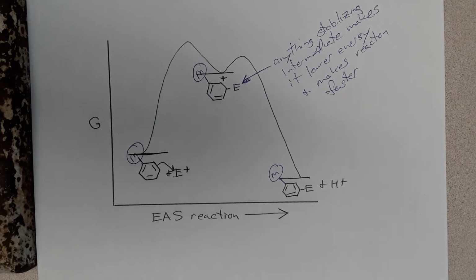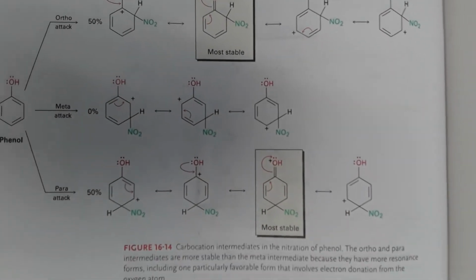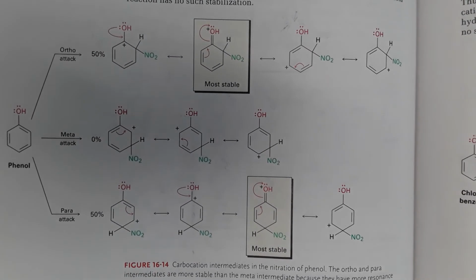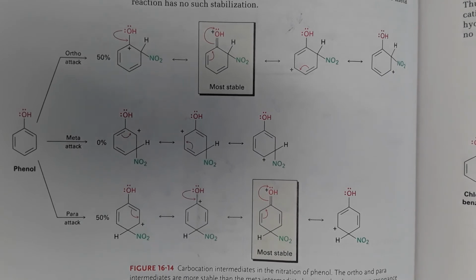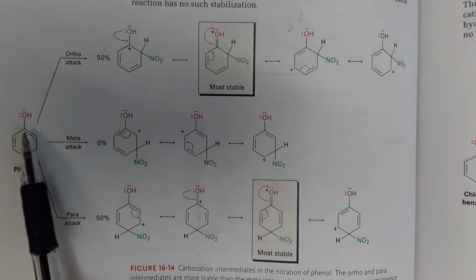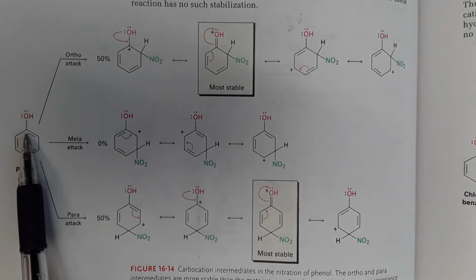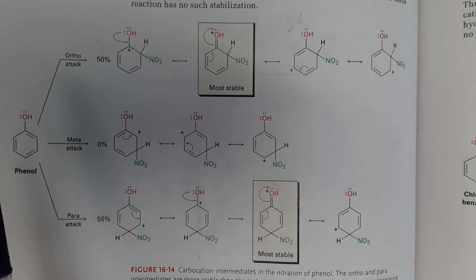So let me find the book here and have us look at what this means. Okay, so this is on page 500. We went through some reasoning that a hydroxy group is an ortho-para-director by drawing three resonance structures of the starting material.